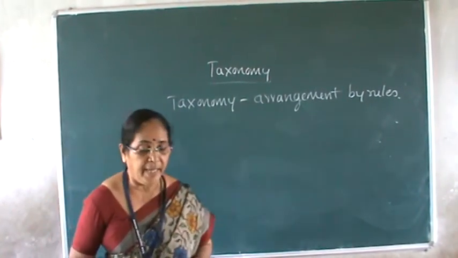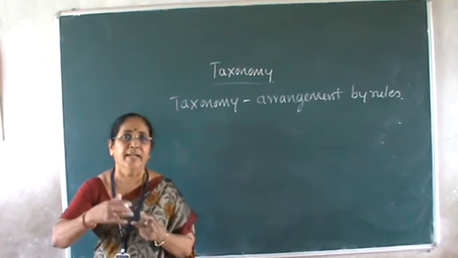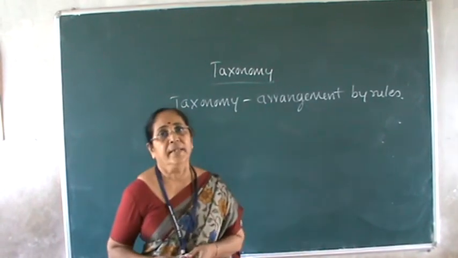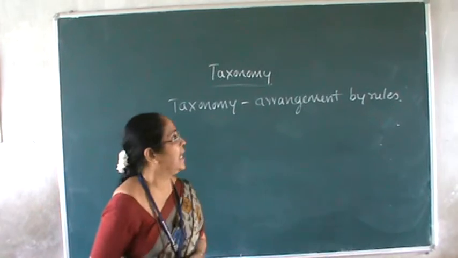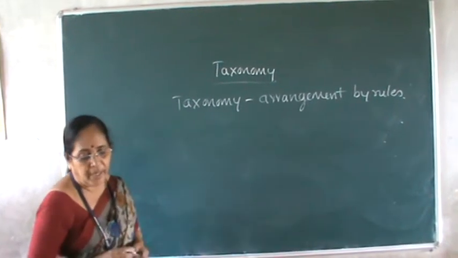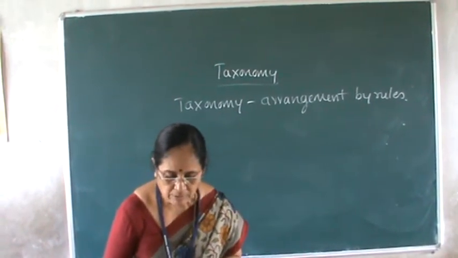We cannot assign any plant to any family. We cannot create a new family as it is. There are some rules to be obeyed during the classification of organisms or during the arrangement of organisms.